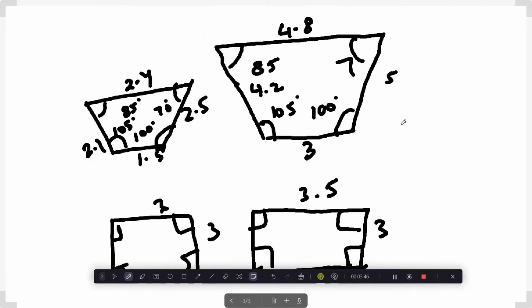Similarly, let's look at another example. In this case, we can see that the angles are all equal. These are two polygons of 4 sides, so it's a quadrilateral. Angles are equal.